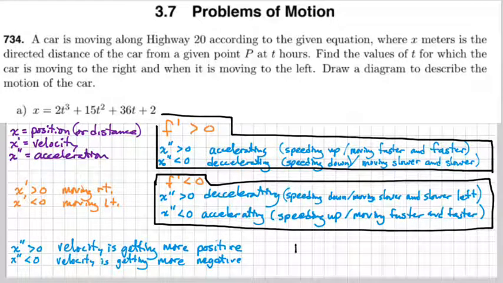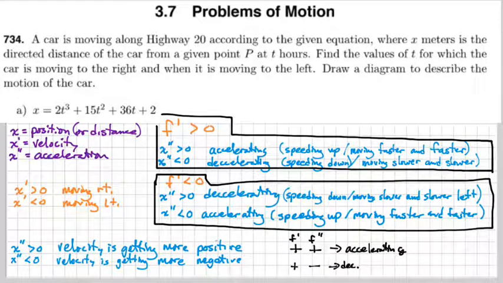If we are moving to the right, if this is x prime, and x double prime is positive, then our speed is accelerating. And if it were positive and then negative, that would be deceleration.